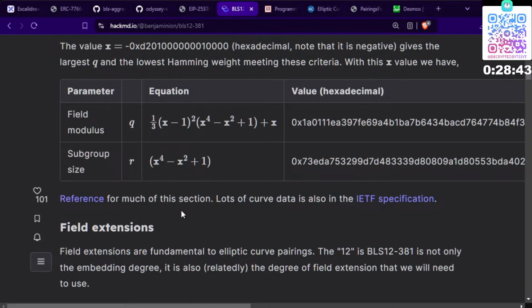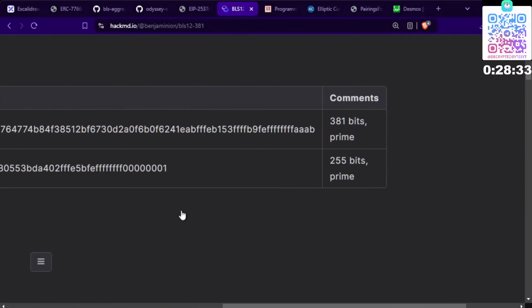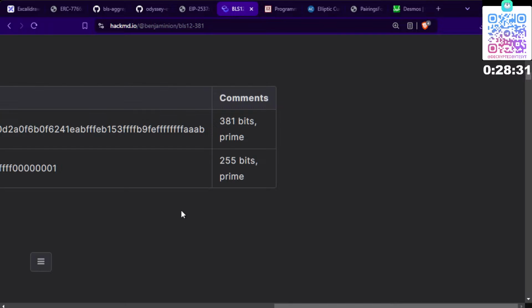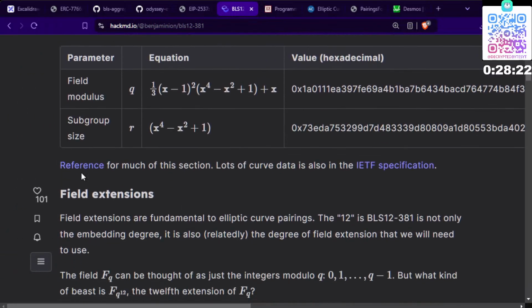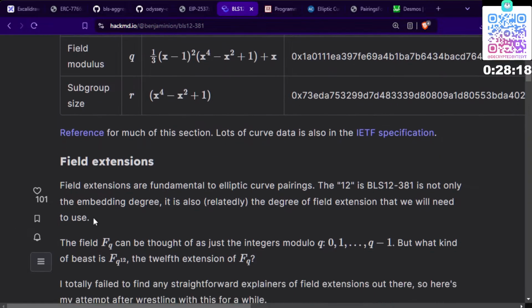With this value, we have field modulus q, subgroup size r, and then the hexadecimal values for both the 381-bit prime and 255-bit prime. Reference for much of this section.